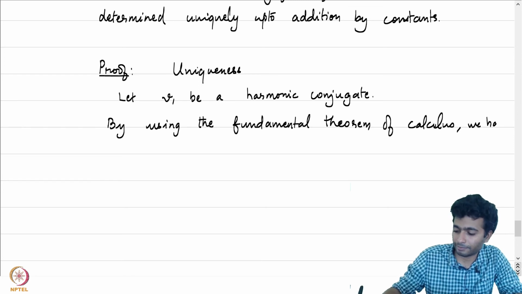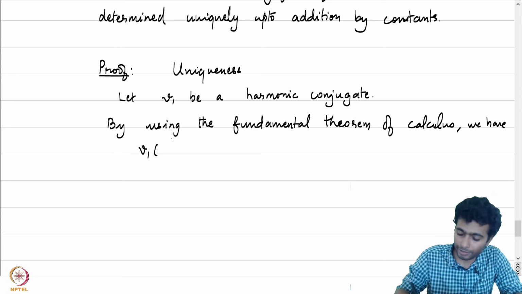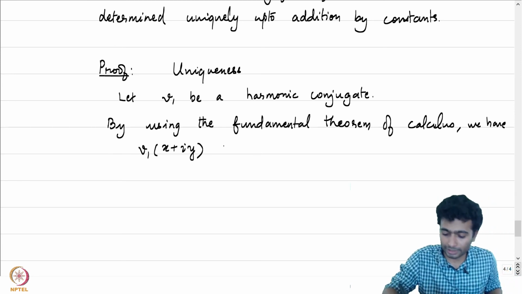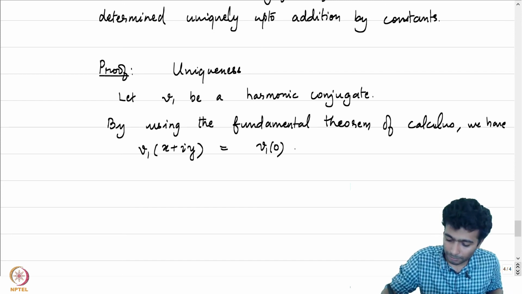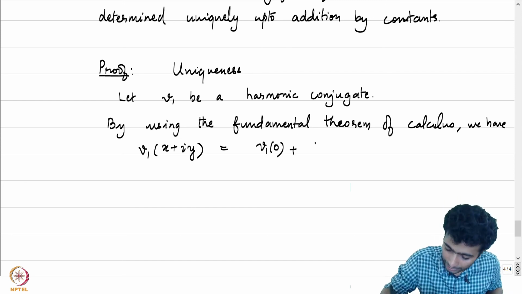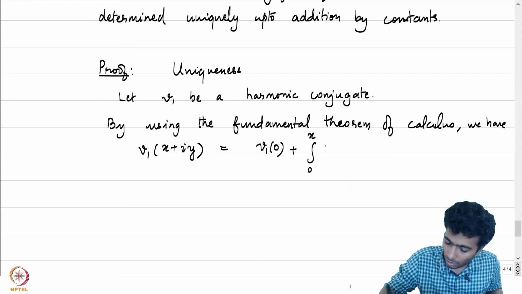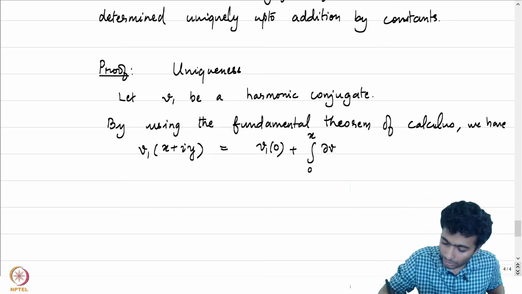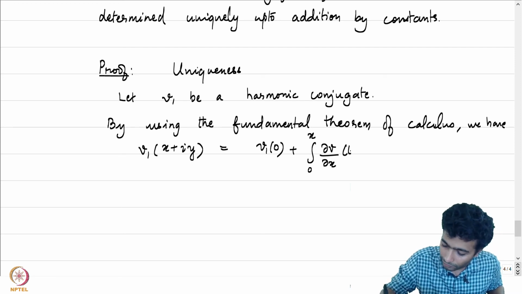We have V1 of z, let me write z to be x plus iy. So, V1 of z is V1 of 0 plus the integral from 0 to x along the x direction, dou v by dou x of t dt.